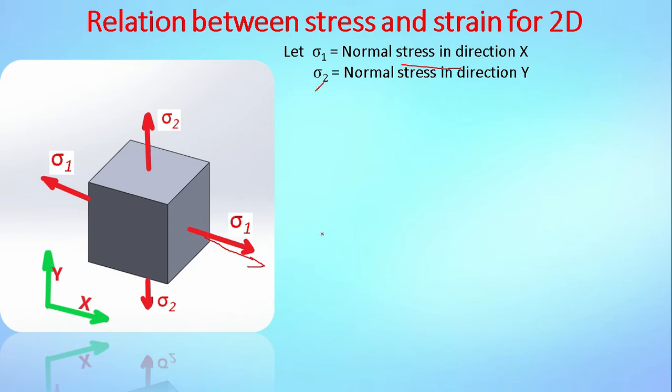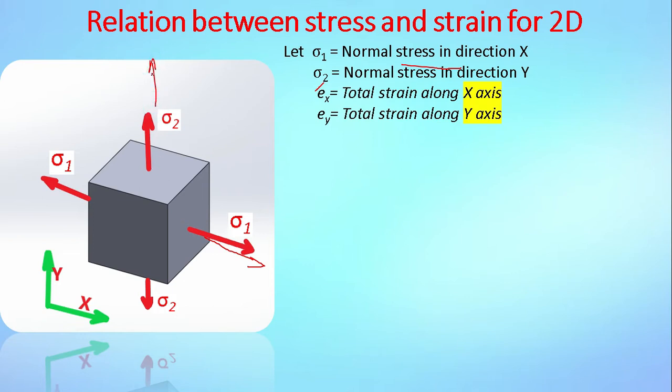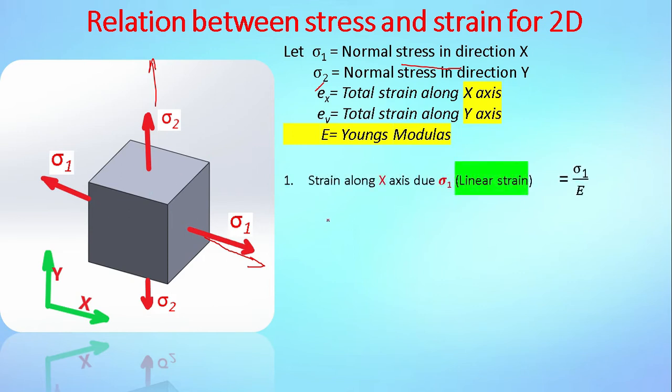Small e_x is a total strain along direction x. Small e_y is equal to total strain along the direction of y, and capital E is Young's modulus for this material.